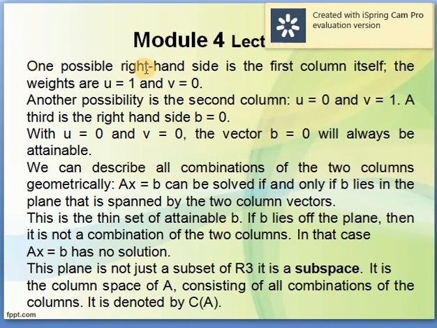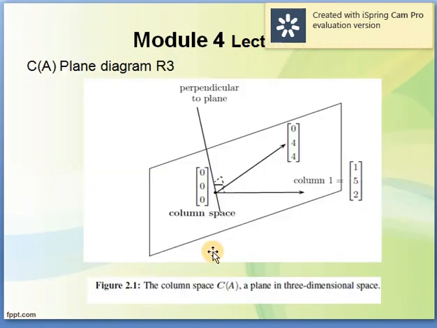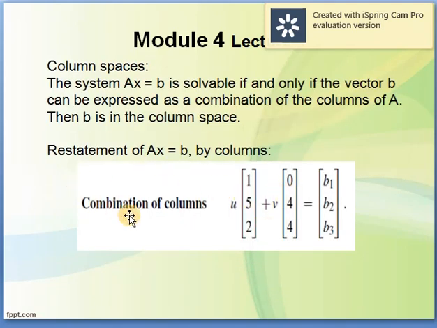One possible right hand side is, like we are seeing, the solutions of this column space matrices. The solution of this one could be in this way. We can have the value of u as 1 and v as 0, then the values of b1, b2, b3 will be 1, 5, 2.